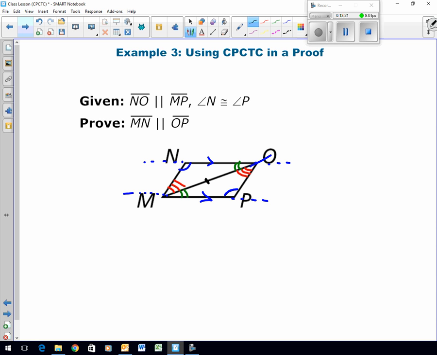Now check it out. Angle, side, angle. Either one of them. Which one do you want to use? Angle, side, angle. Perfect. Angle, side, angle tells me the triangle MON is congruent to, watch how I write this one, triangle OMP.